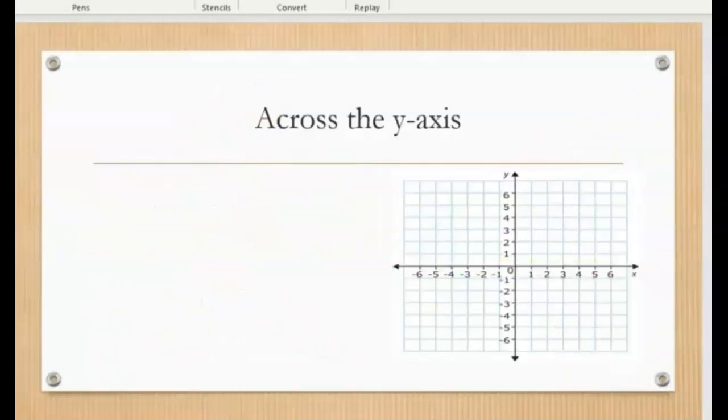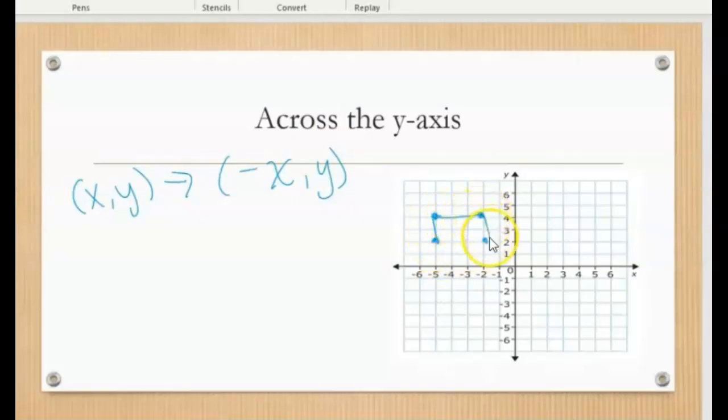Let's do another one. Let's do across the y-axis. So remember, the rule to reflect across the y is to make the x negative. So let's put something over here. Let's do, I don't know, how about a rectangle? That sounds good. Some people can do reflections visually, like they would see this shape and be able to just plop it over the y-axis and sort of draw the new one.